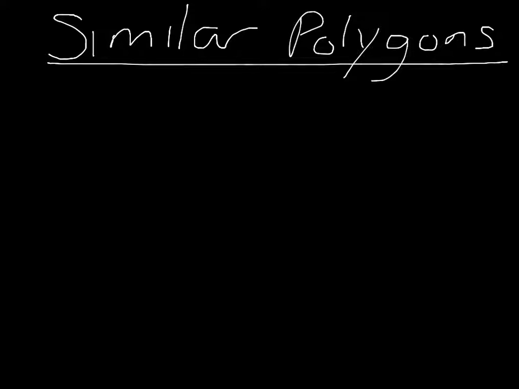So today we are going to talk about similar polygons. Now, last semester we talked about congruent polygons. And if two shapes were congruent, they were what? Same shape, same size.